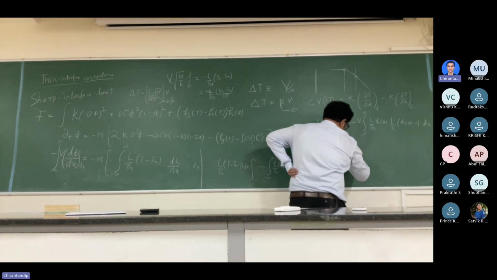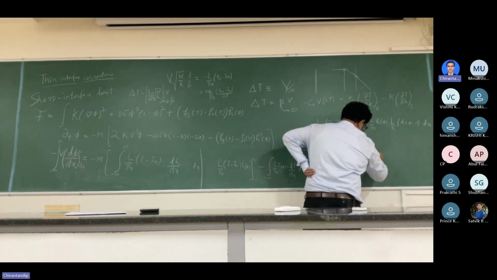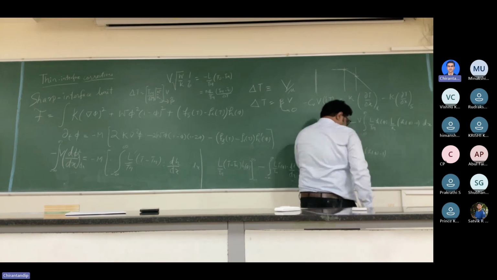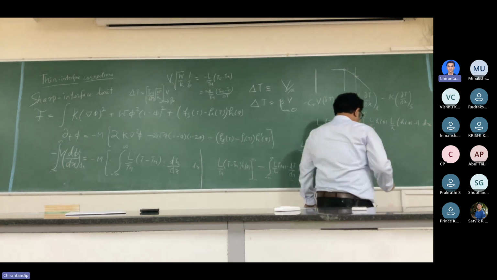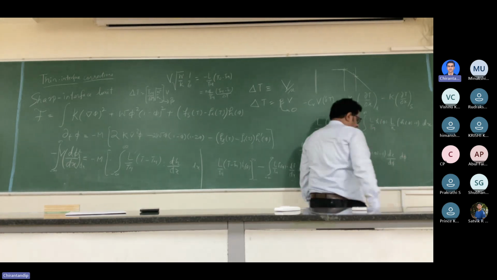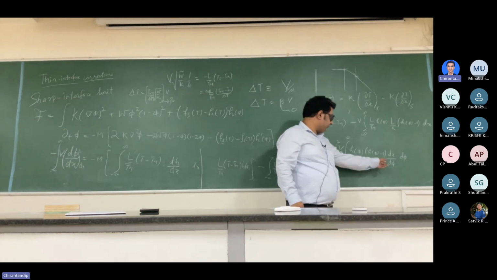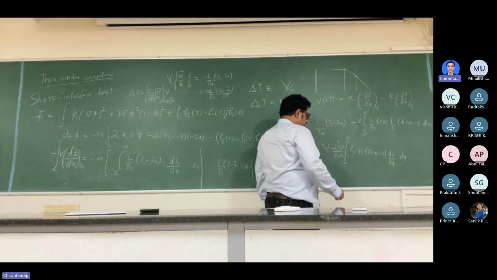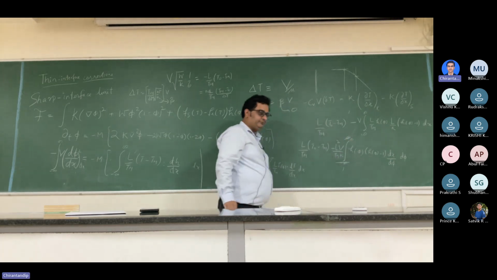And what you have here is h of p times h of p minus 1. And just to make our life easy, we will convert this integral into an integral of p like this, which would imply that dx over dp at p equals this is 1 and this is 0.